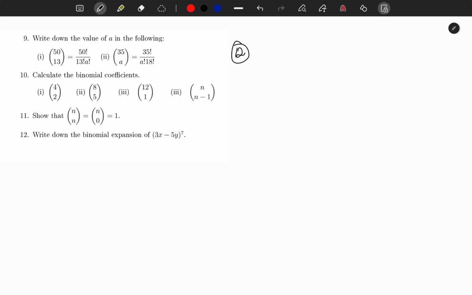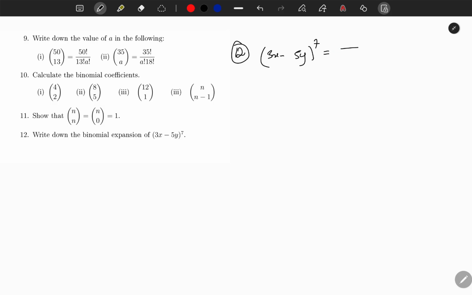All right. So let's do this. Let's use the binomial theorem, because we can sum up everything. It will be quite long. So (3x minus 5y) to the power 7, like that.